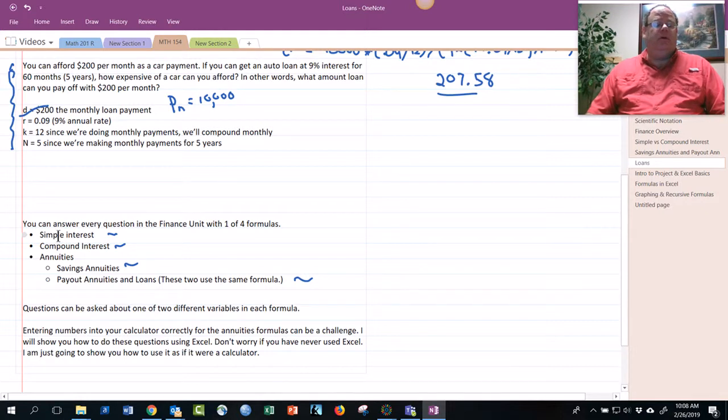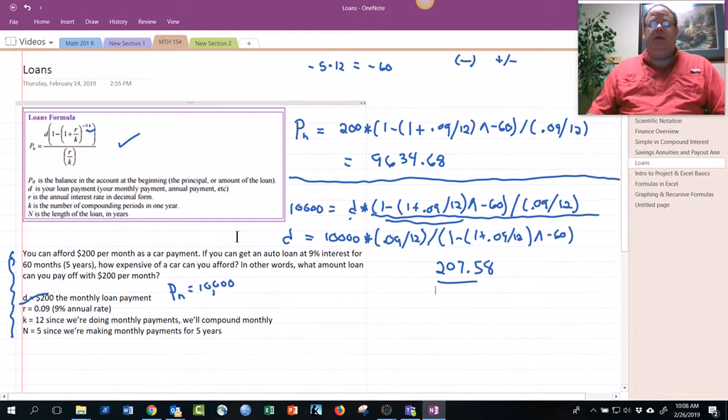The book will give you 2 for simple, 2 for compound, 2 for the savings annuities. Really, you only need 1 each. And then here at the end, these 2 are the same: the payout annuities and the loans are exactly the same formula. So you only need 4 formulas to do this, and then you just do like we did here, where we can either solve for D or solve for PN.